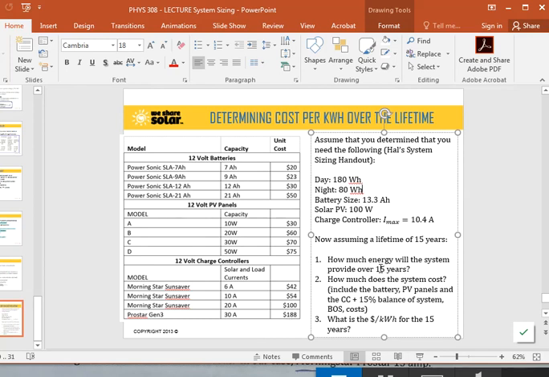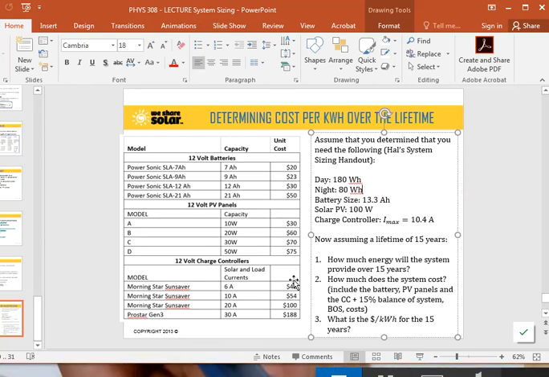So now let's do a little bit of cost analysis together. I'm going to get a new piece of paper here so we can try some cost analysis. Okay, so there are 3 questions here. How much energy will the system provide over 15 years? That's the first question.